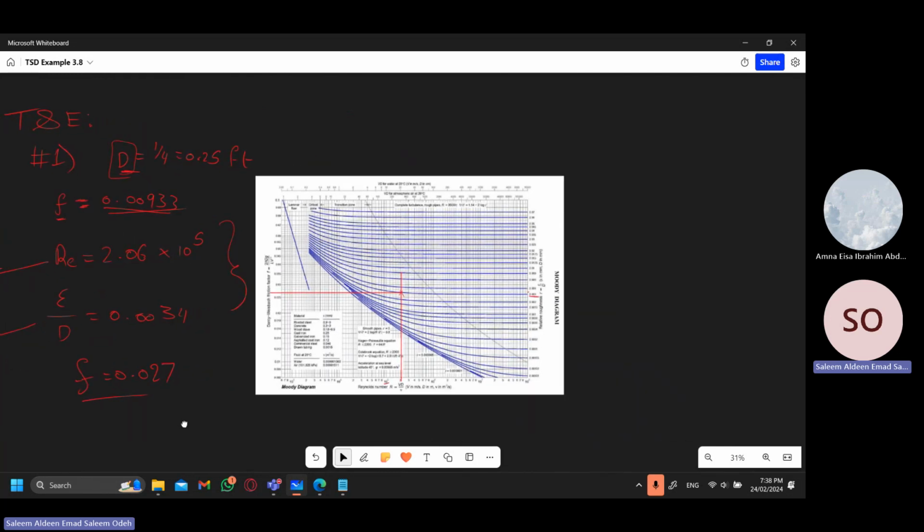But this time, similar to last time, for trial 2, we will start with a higher diameter. So we'll start with 1 over 3.